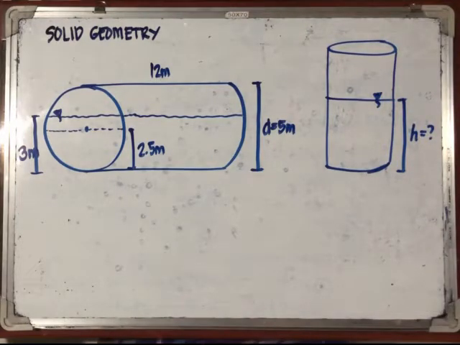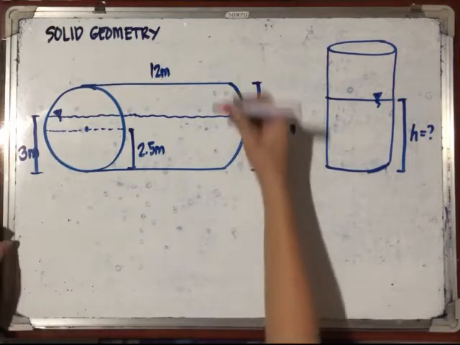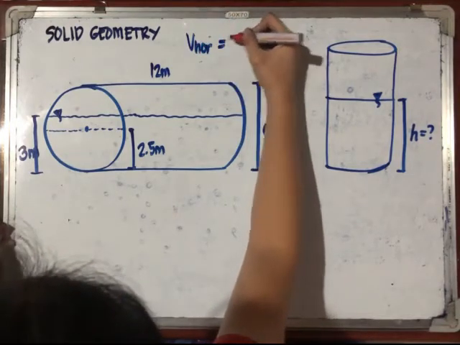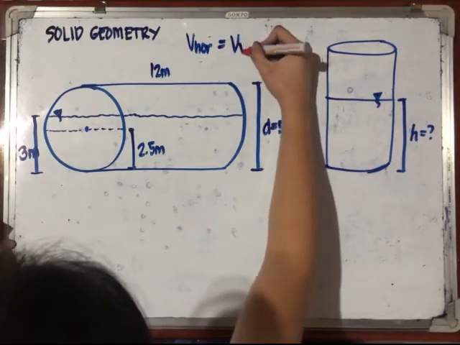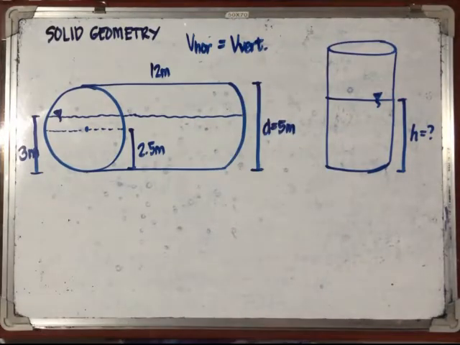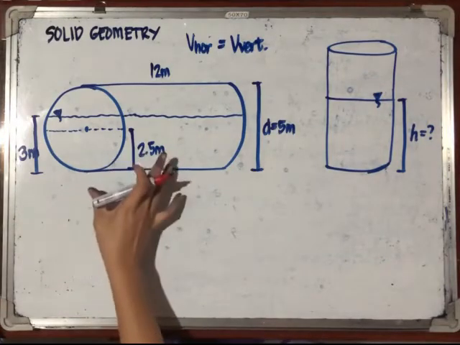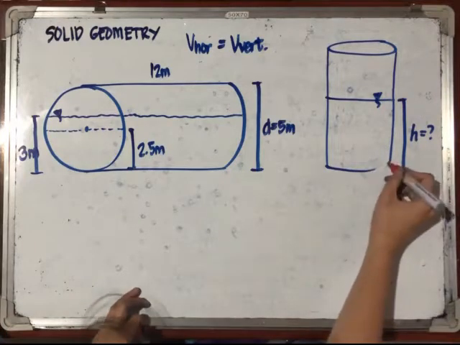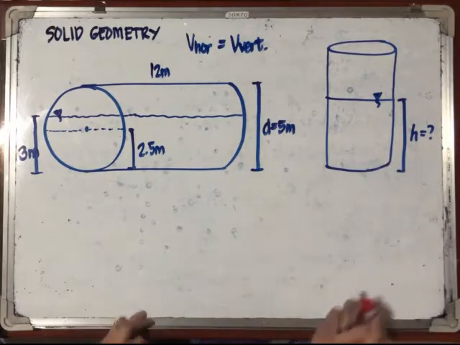First thing that you need to understand here is the tank is closed. Therefore, in any position, the volume of water won't change. Am I right? Volume of water in horizontal position should be equal to the volume of water in vertical position. And that's the key in solving this problem. So first things first, we need to identify the volume of water in this position, so we can equate that to our volume in this vertical position.